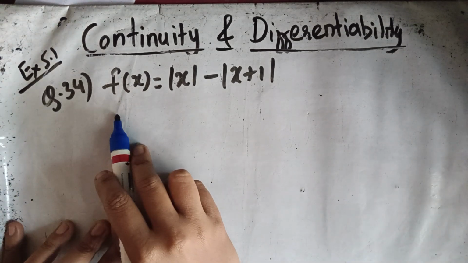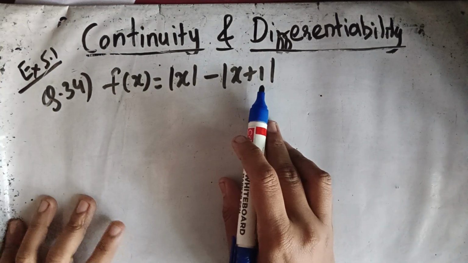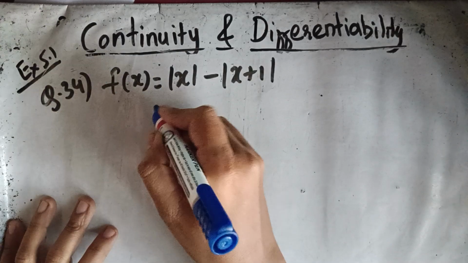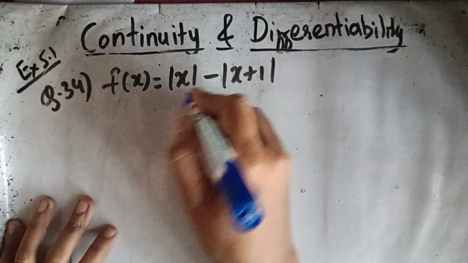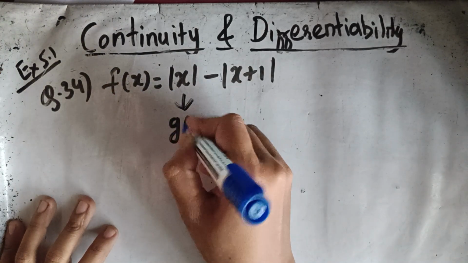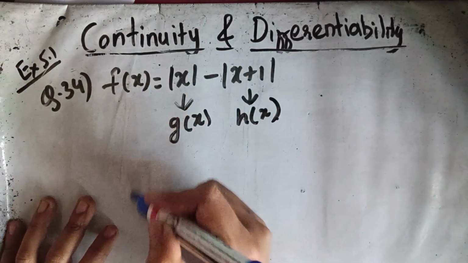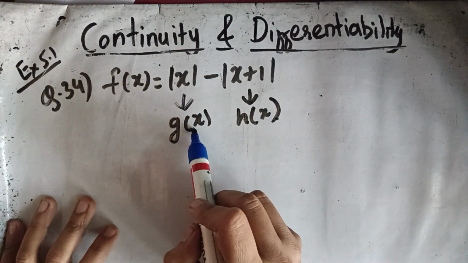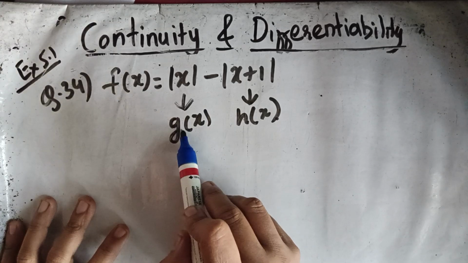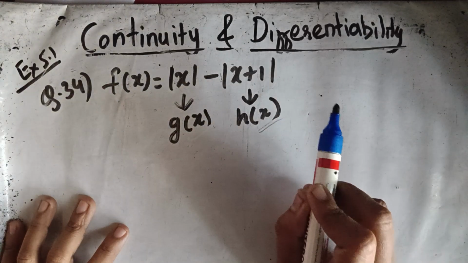Okay, so this is the next question. Okay, here also two functions are there. So this is, say, your g of x and this is your h of x. Okay, so you have to prove that g of x is continuous and h of x is continuous.